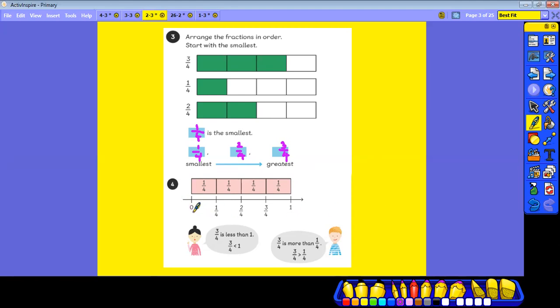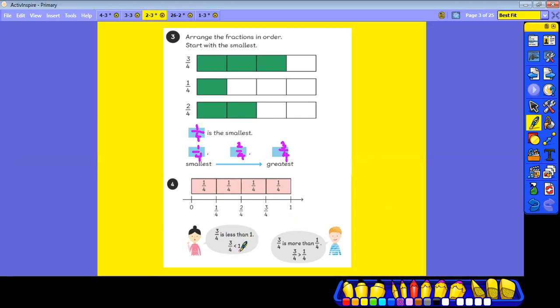And underneath, a number line explaining we go 1 quarter, 2 quarters, 3 quarters, and up to 1. The smallest fraction was 1 quarter, and we have 2 quarters, 3 quarters, and when we get to 4 quarters, it makes 1 whole. And Ruby is explaining that 3 quarters is less than 1, and she's using the special symbol here.